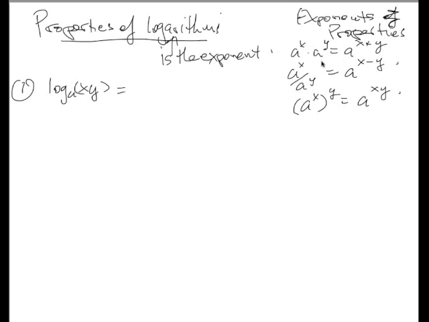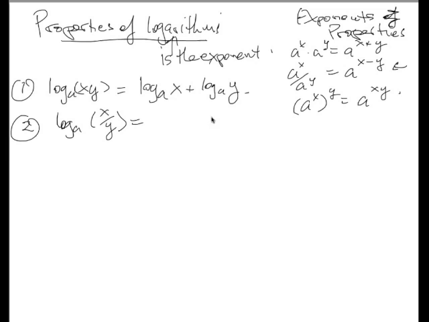When we do the product of these two exponentials, we add the exponents, so therefore we would add the logs, because that is the exponent. So that's our first rule. Second one is if I am now dividing, then of course we subtract the exponents, so this will be log in base a of x minus the log in base a of y. Number 3, this is called the power property.